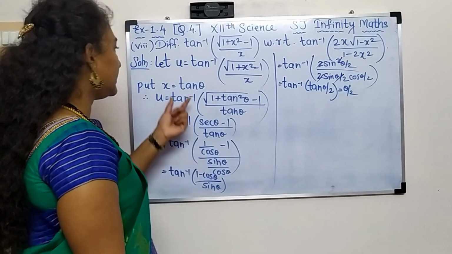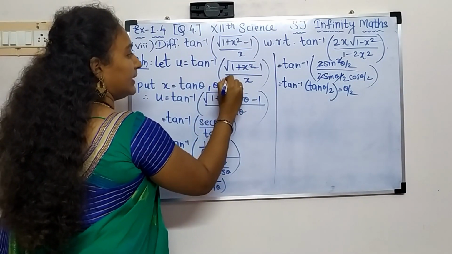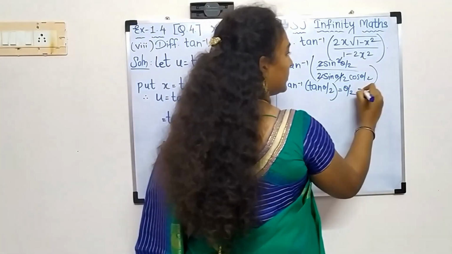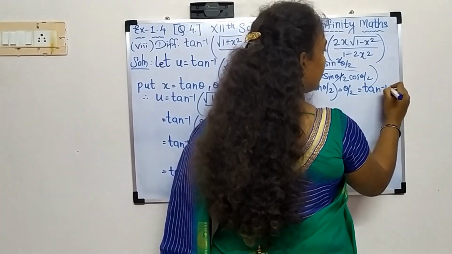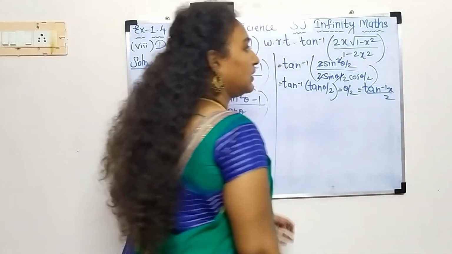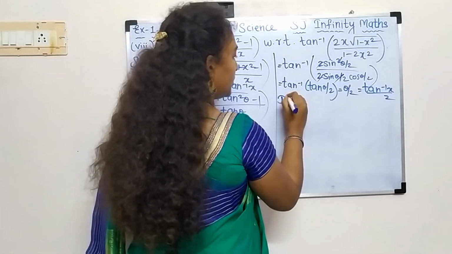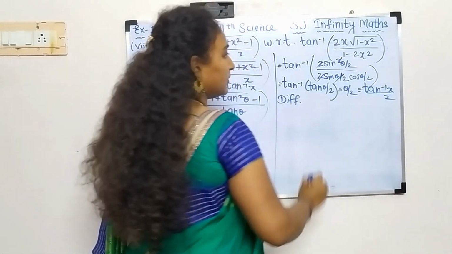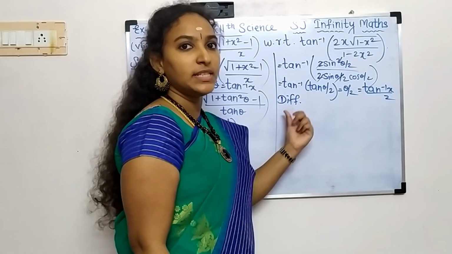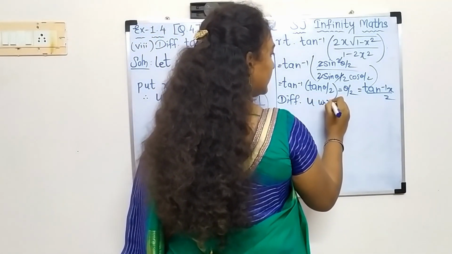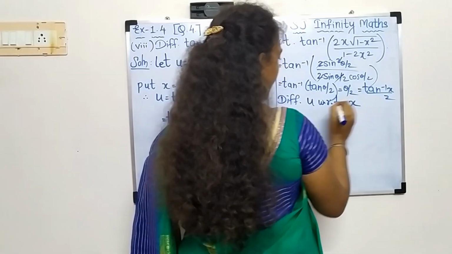And what is your theta? Theta is tan inverse x. So this is tan inverse x upon 2. Now we can differentiate u with respect to x.